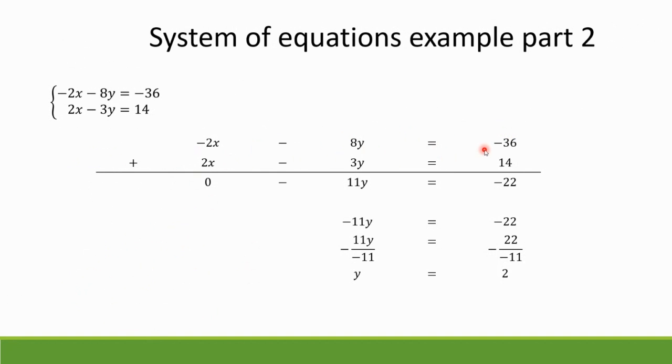So we get 11y when we add is -22. We have -11y, the x's are gone, equals -22. So how do we get y? Well, we divide by -11, and we get y is 2.